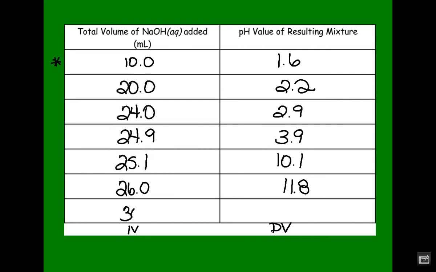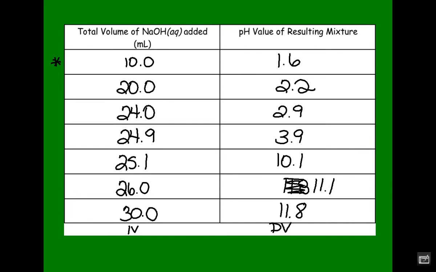And my last volume is 30, and its pH value, oops, I screwed that up. This is 11.1, sorry, and this one is 11.8. Looked at the wrong line. So that's what your data table should look like.